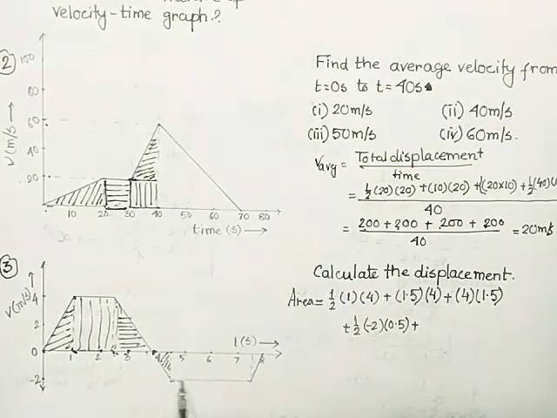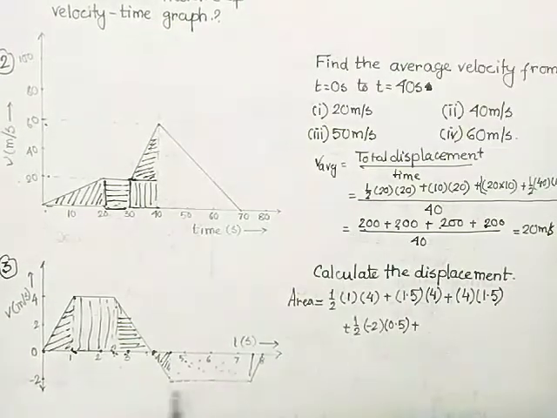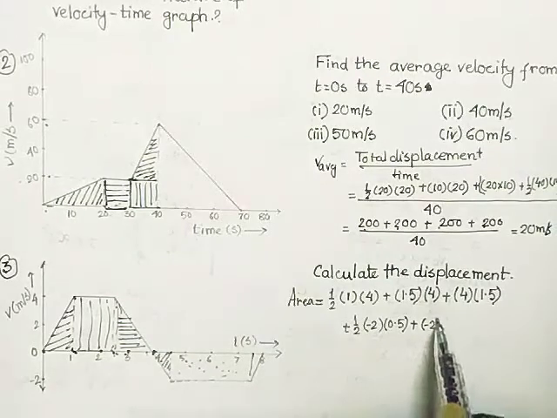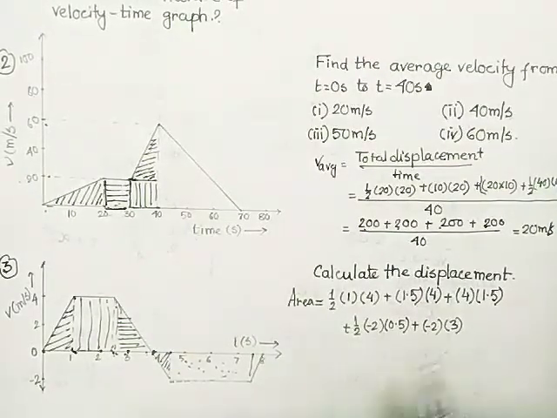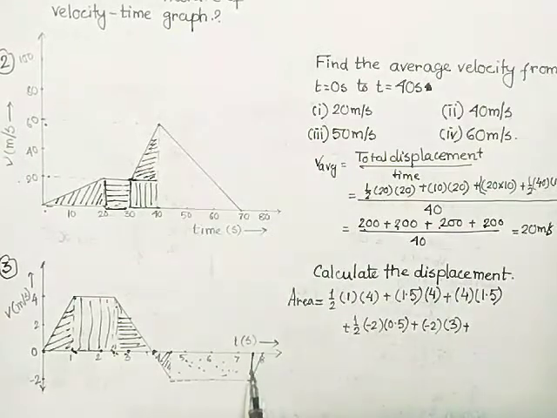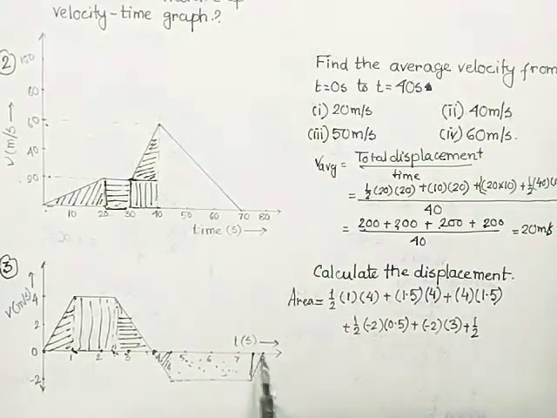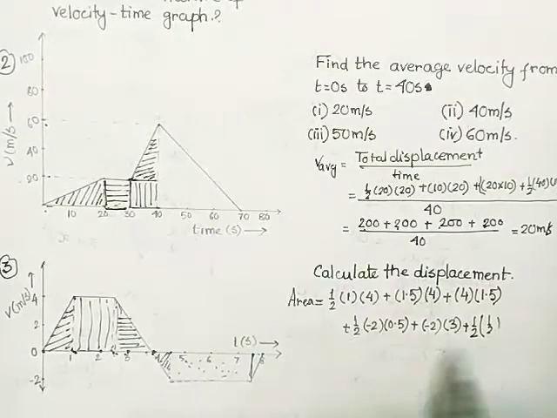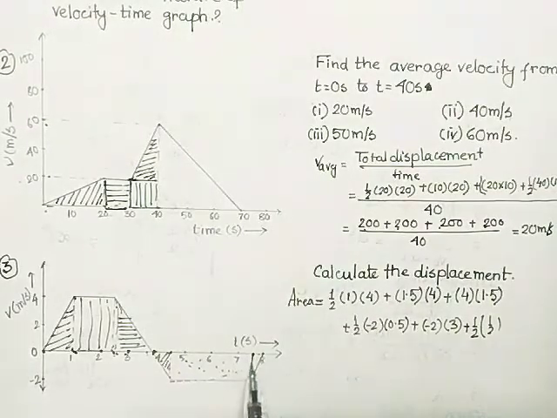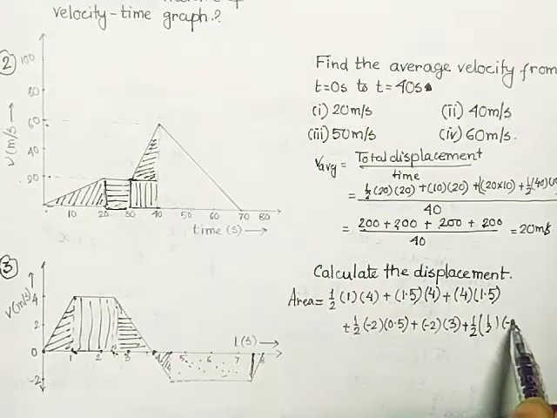Now from here to here, it is 4.5 to 7.5, so it is 3. From here to here it is 3, and for this rectangle, it is minus 2 into 3. Plus this part is again from 7.5 to 8, that is again a triangle, so 1 by 2, the width is 0.5, and the height is basically minus 2.